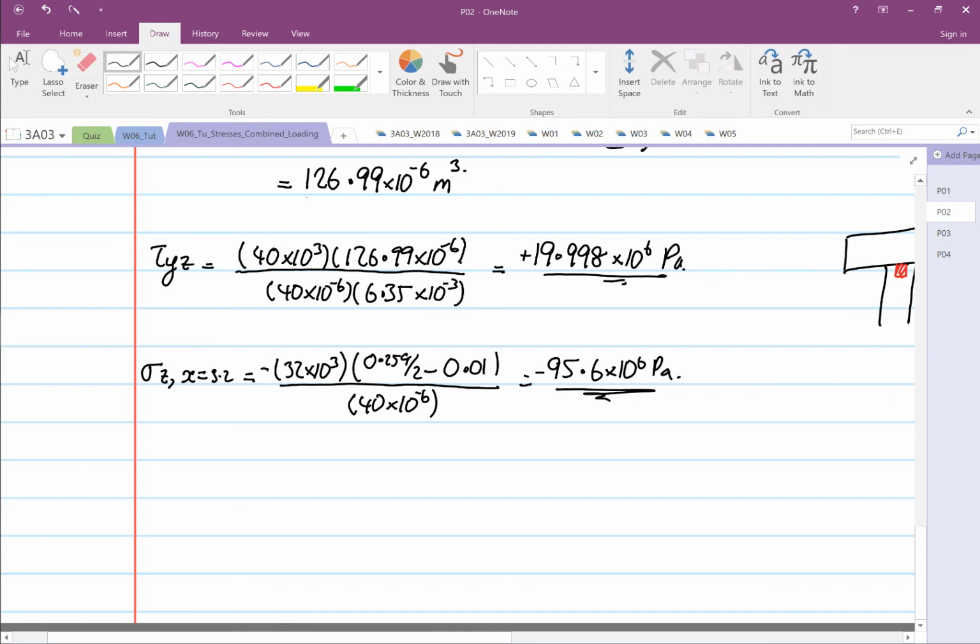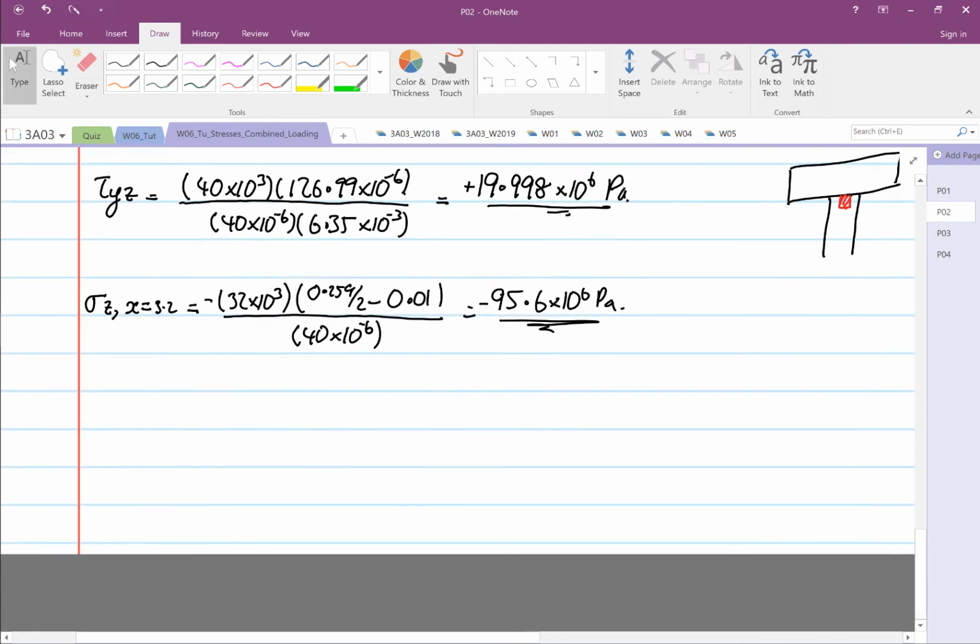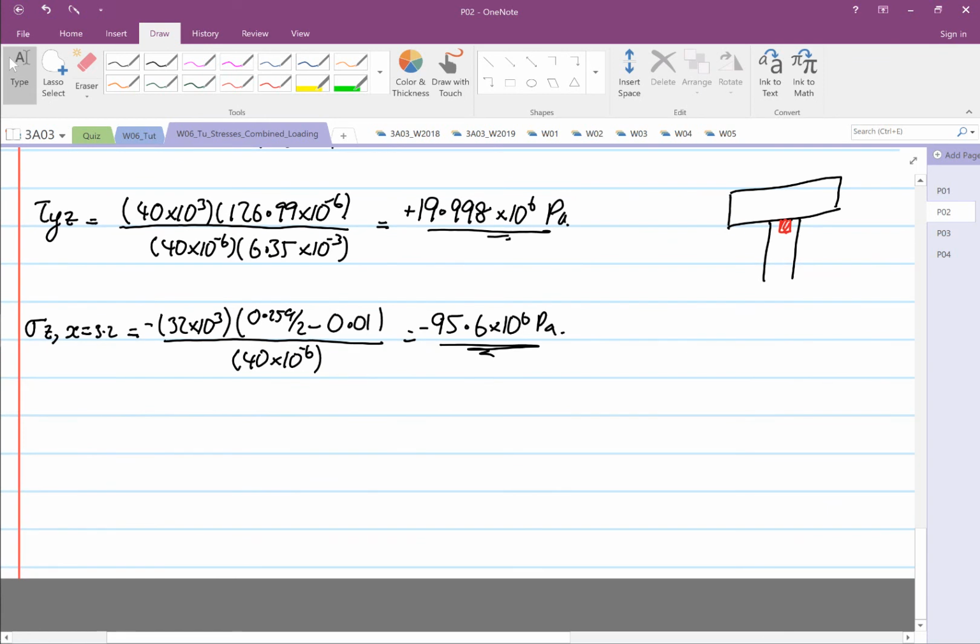Okay, so now we have a normal stress and we have a shear stress. How does this actually look on a cube? So we draw the cube out.